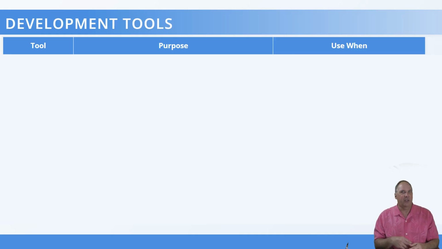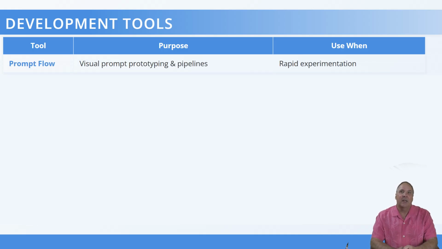But the catalog is just a starting point. Foundry also gives you the tools for the full lifecycle. For instance, Prompt Flow lets you prototype and test prompts visually, building a baseline from input through retrieval to model output. That's great for rapid experimentation.